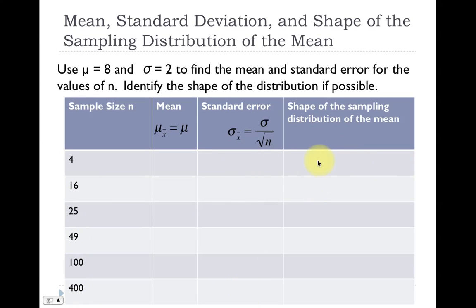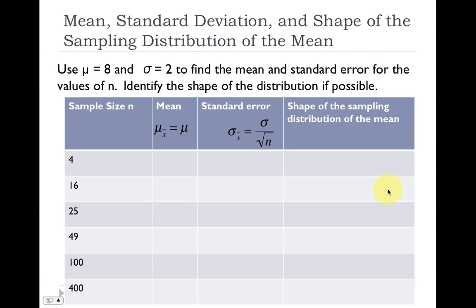And then we're going to take a minute and think about what the shape of the distribution that comes out of samples of size n would be. So if samples of size 4 were taken from the population, what would be the shape of the sampling distribution? If samples of size 16 were taken from the population, what would be the shape of the sampling distribution?